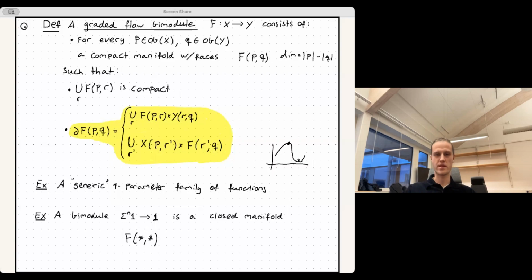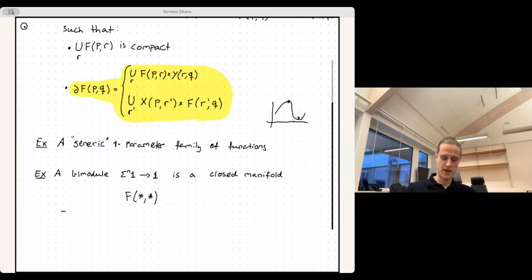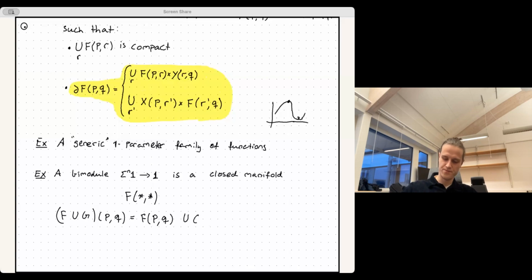And by the dimension formula, it has to have dimension n. This also shows us how we can take the disjoint union of two things. If I have a bimodule F and a bimodule G, I can define a new one, F union G, by defining it to be the disjoint union of the manifolds.